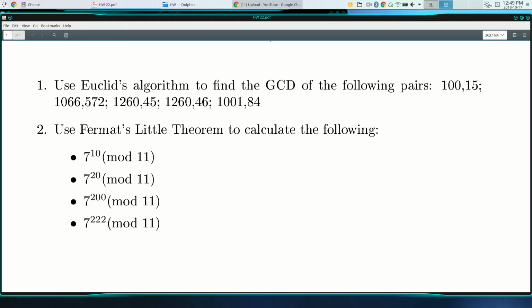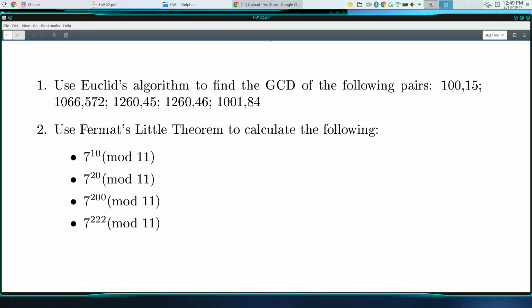This comes down here. So 1,066 is 5 plus 0. And the greatest common factor is the last nonzero remainder, so it's going to be 5.